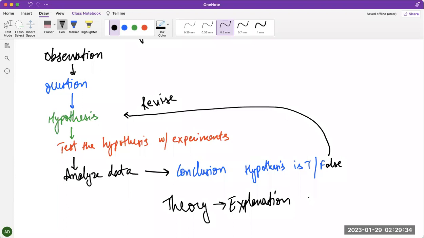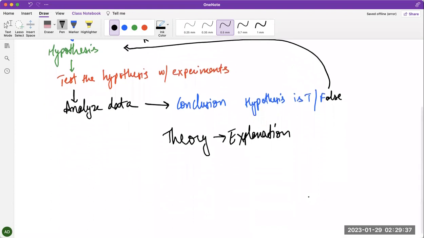For example, you might have heard of Big Bang theory, theory of relativity, which was given by Einstein, or the theory of evolution given by Darwin. All those theories have been very well accepted and have been proven multiple times.